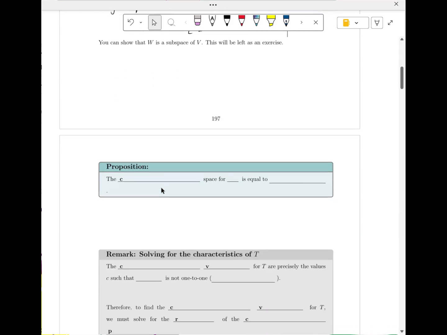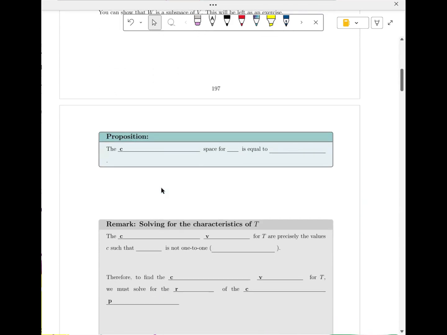Now, how can we determine or compute the characteristic space for a specific value? Well, the characteristic space for c is equal to the null space of T minus cI. What this means is if I know how to compute the null space of a linear operator, I can compute the characteristic space.